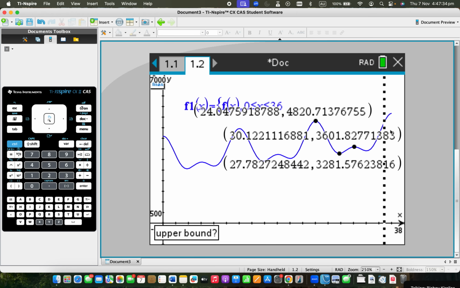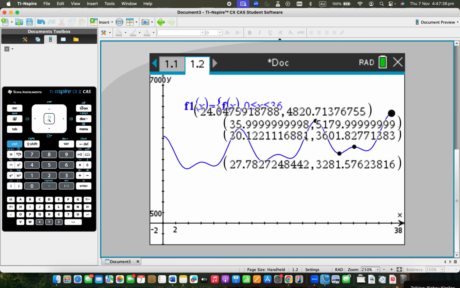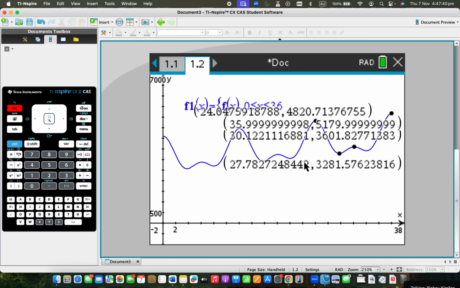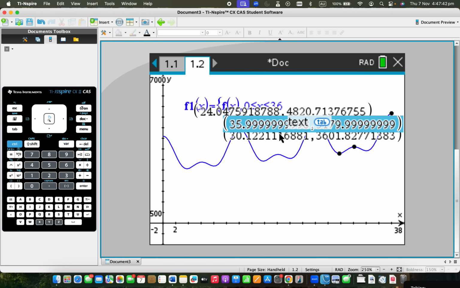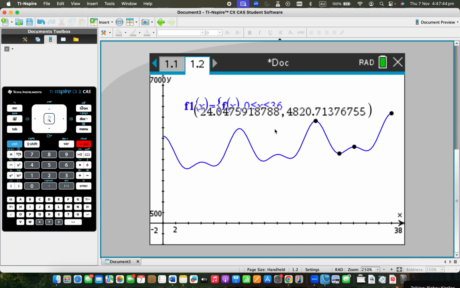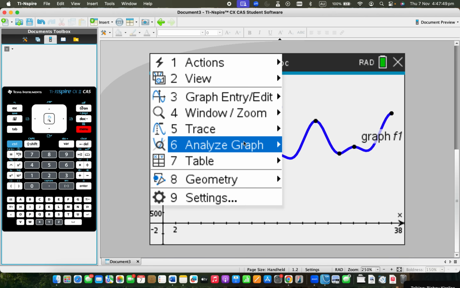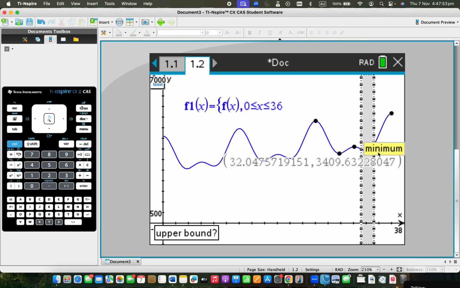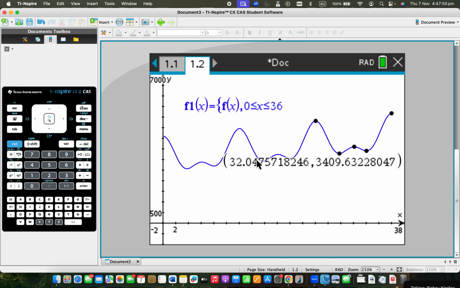Oh wait, I've done maximum, so let me just get that one, the end point. Let me just get rid of this. And then we want this minimum, which is 32 and 3409. So 32 and 3409 would be just a bit below here.